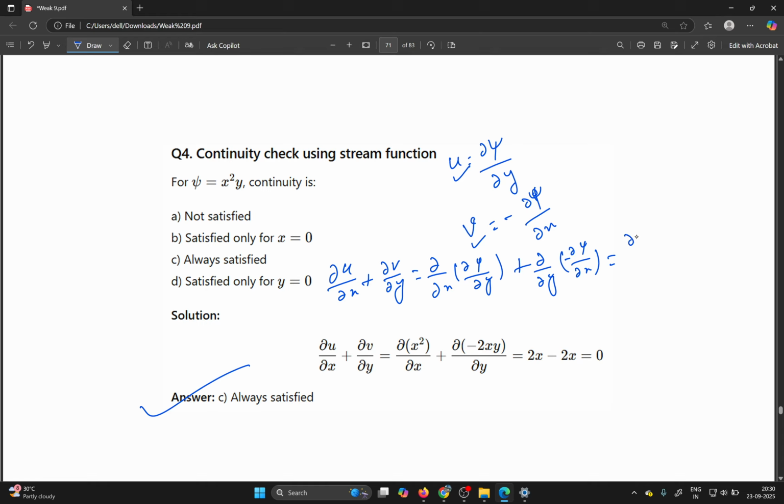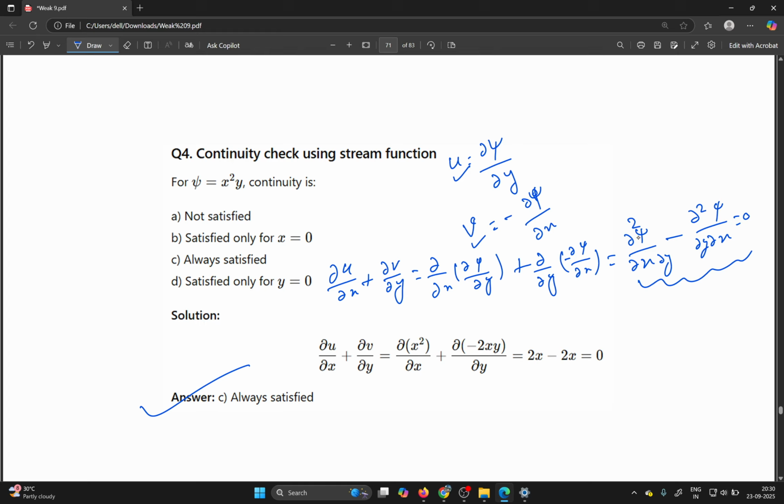Then the final equation is del square psi by del x del y, minus del square psi by del y del x, is equal to 0. Now from this equation you can also check very easily whether it is satisfied or not.